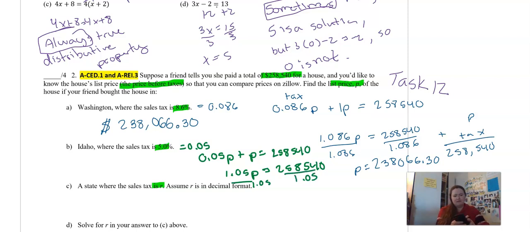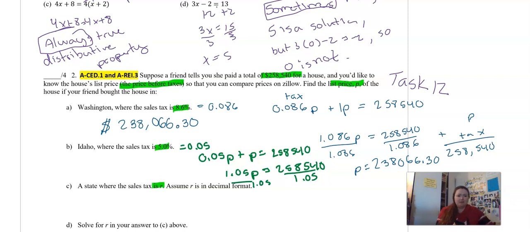Okay? So now I'm going to do 258,540 divided by 1.05. And remember, this number should be bigger, right? Because sales tax would have been less of the money.